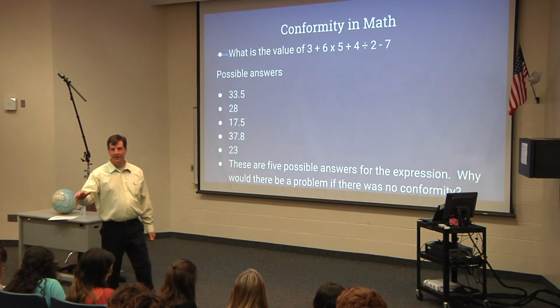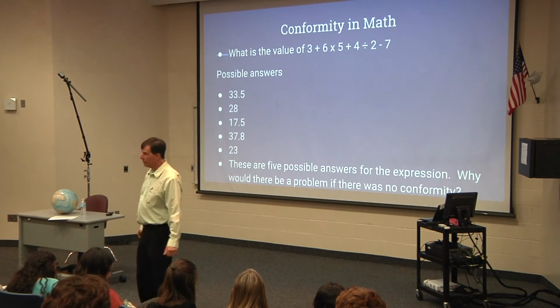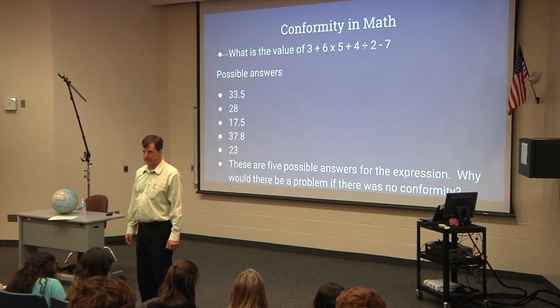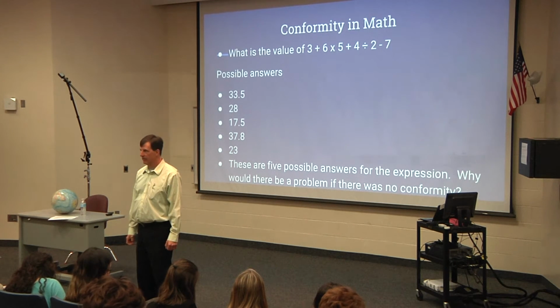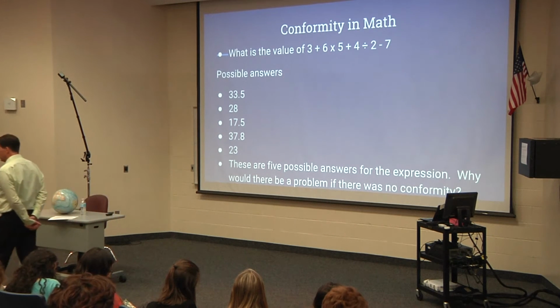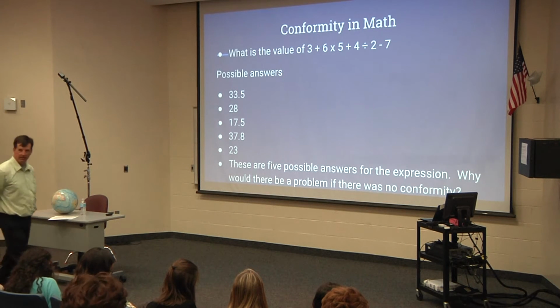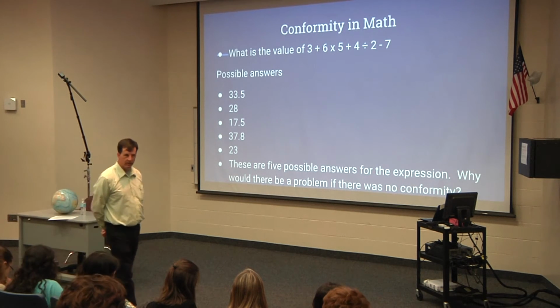If you take a test and there was no order of operations written down, how many answers are correct? Zero, you're saying. You said all of them. All your answers are correct if there were no order of operations.